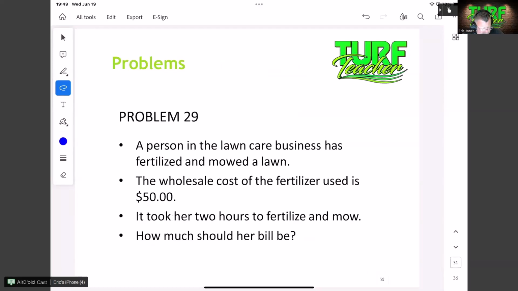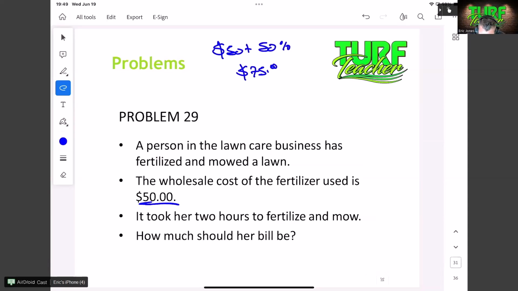Problem 29. A person in the lawn care business has fertilized and mowed a lawn. The wholesale cost of the fertilizer used is $50. It took her 2 hours to fertilize and mow. How much should her bill be? Well, she's going to add 50%. Let's do $50 plus the 50%. That's 50 plus 25. So we got $75 for the fertilizer.